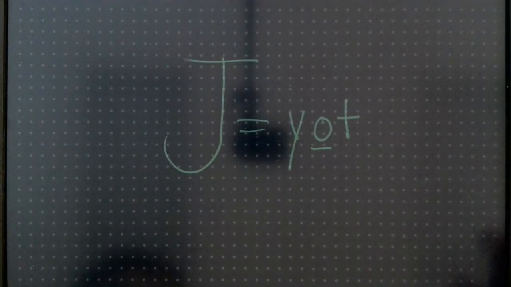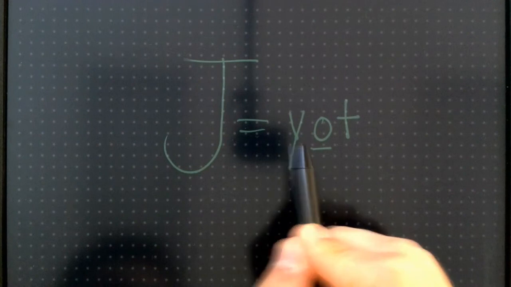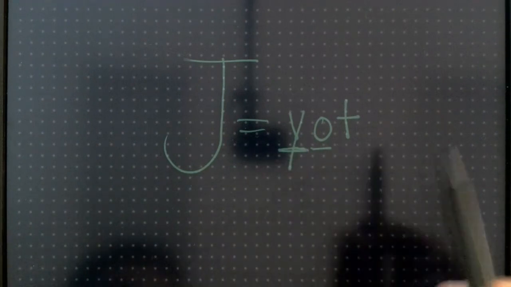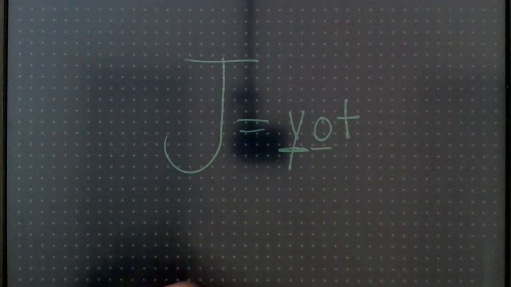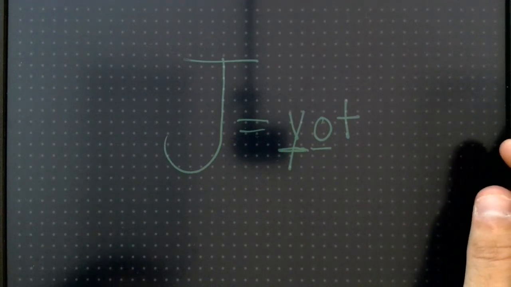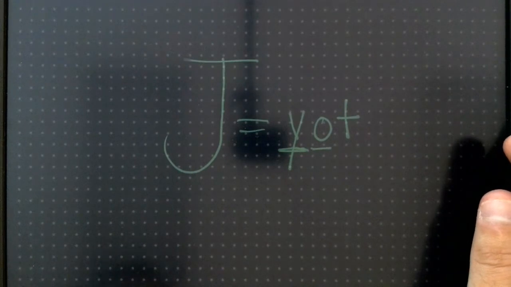So if we think of a word like Ya, we have the Y sound from the J, and then we also have the letter A, which makes the A sound, so we have Ya. Alright, so up to this point we have A, B, C, D, E, F, G, H, I, J.